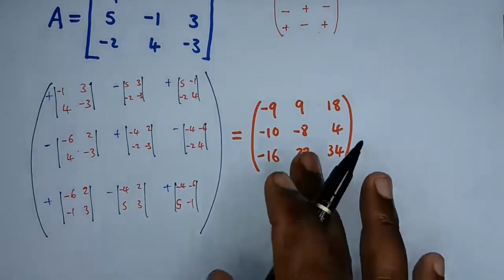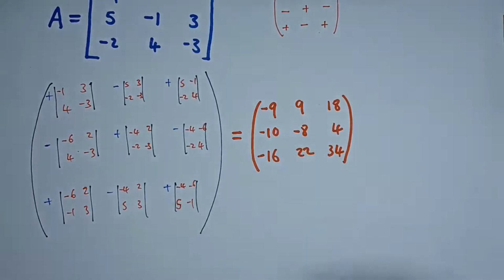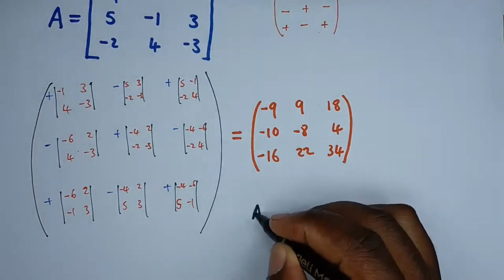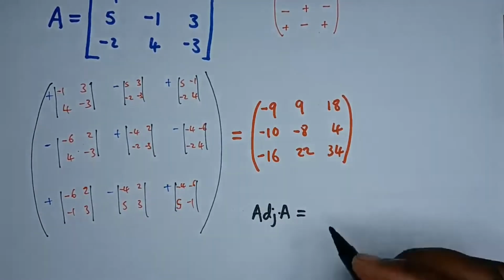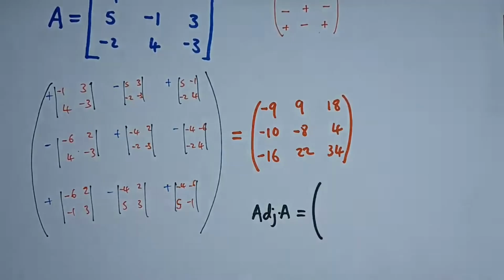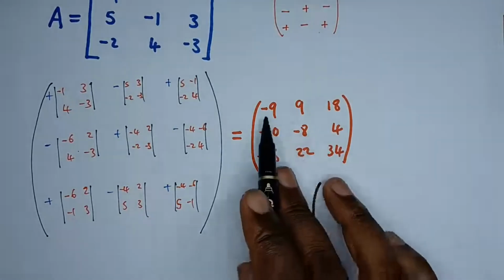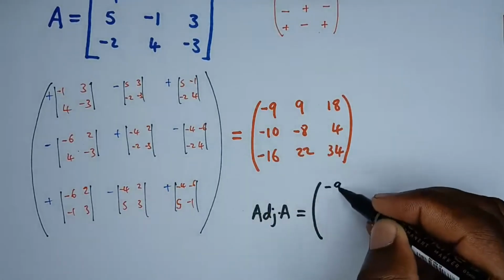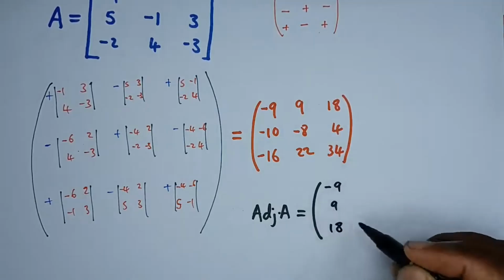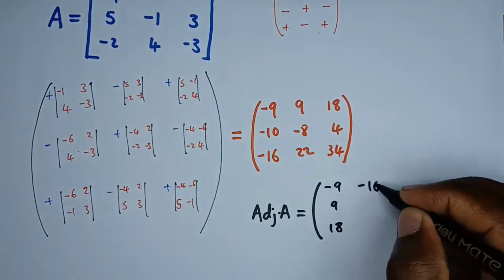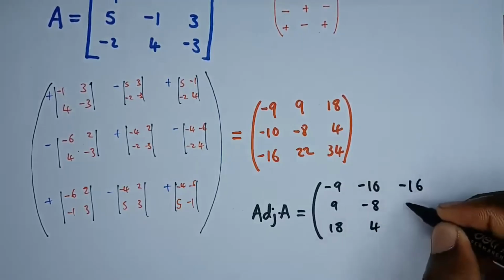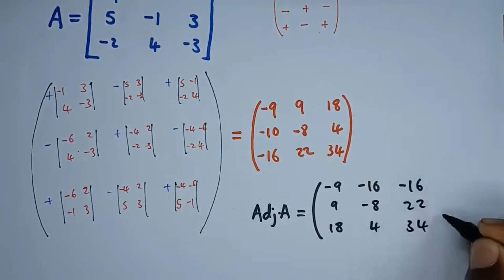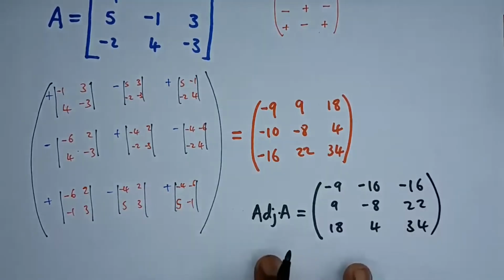Transposing this matrix gives us the adjoint of A. So adjoint of A will be given by the transpose of this matrix, of course. So if you transpose this, we'll get negative 9, 9, 18, negative 10, negative 8, 4, negative 16, 22, 34. Okay, so this is our adjoint.